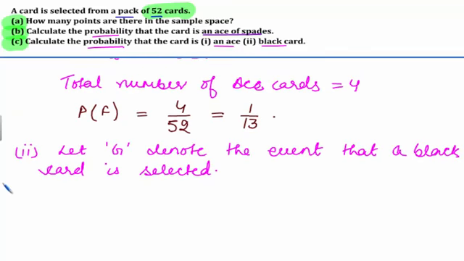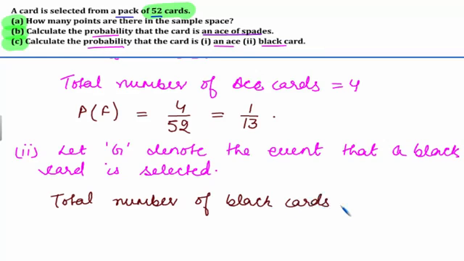So we have total number of black cards is equal to 26.